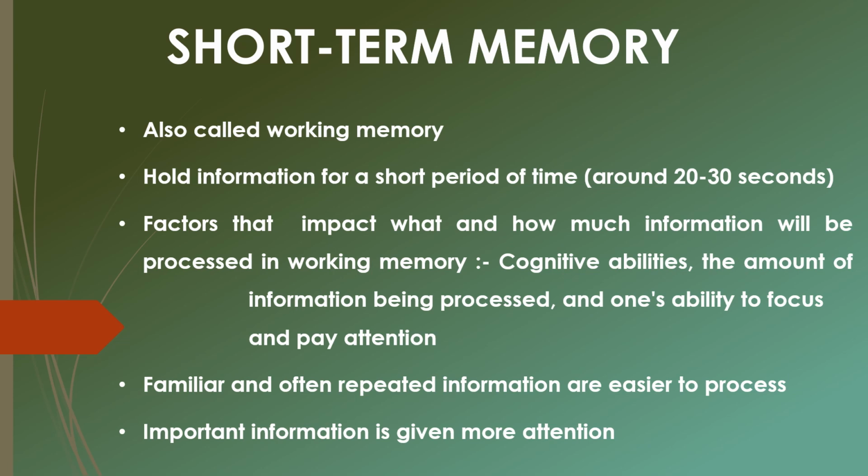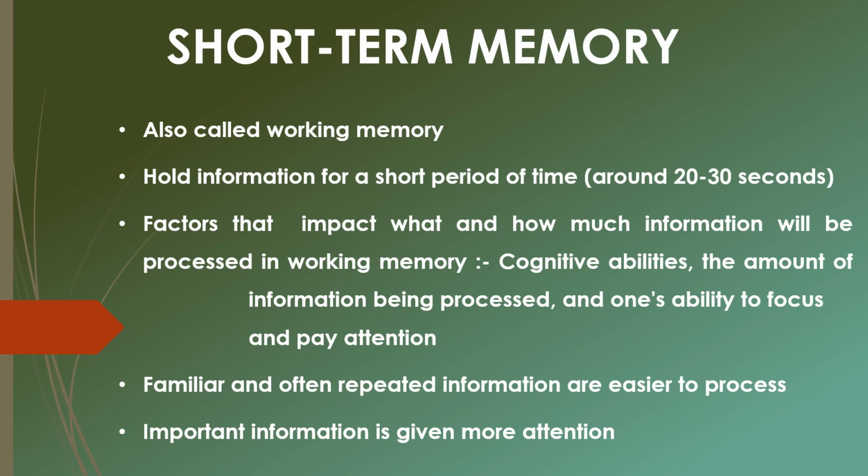The information is usually held through repetition or rehearsal, which helps to maintain the information in the short-term memory. For example, when you try to remember a phone number that someone has just told you, you hold the information in your mind for a brief period until you can write it down or dial the number.